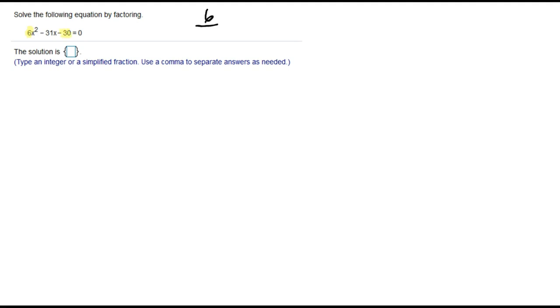The factors of 6 are 1 times 6 and 2 times 3. Factors of 30 are 1 times 30, 2 times 15, 3 times 10, 5 times 6. I think that's all of them.